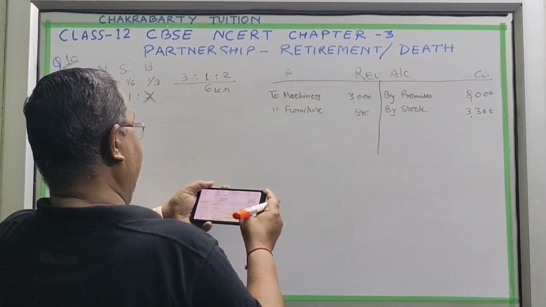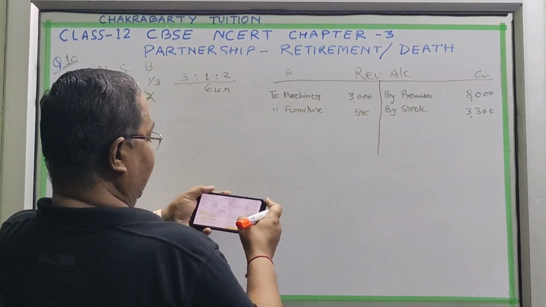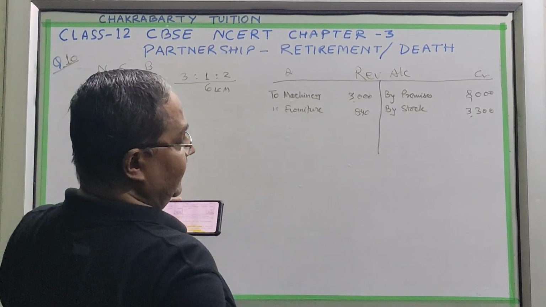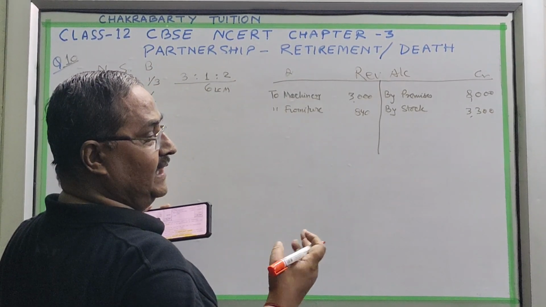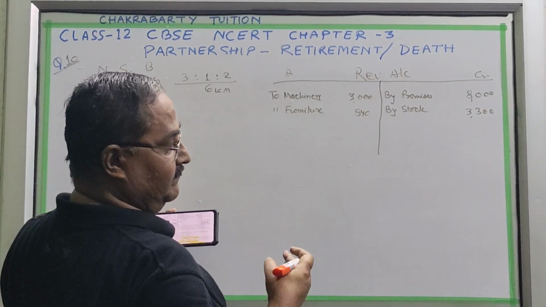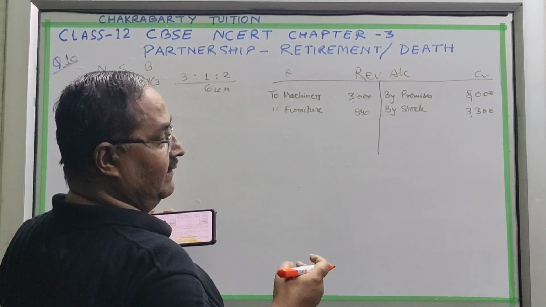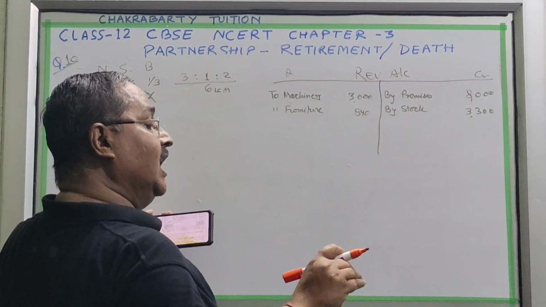Bad debts provision is to be increased to 1,500. Already 1,000 is given, so 500 to be increased. It is a liability item, that's why in the balance sheet asset side it is with minus sign, so it is a credit item. To increase a credit item, we have to make more credit to this account.